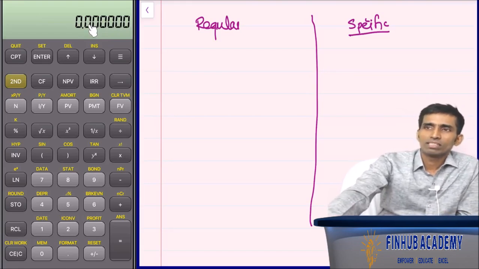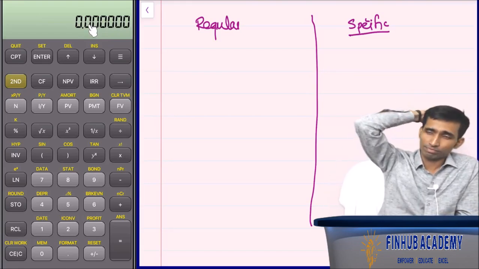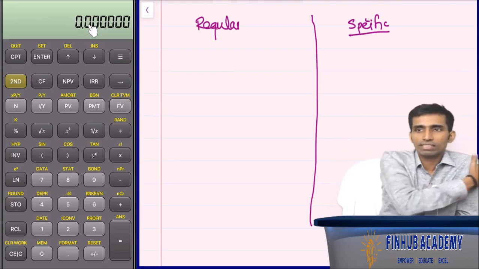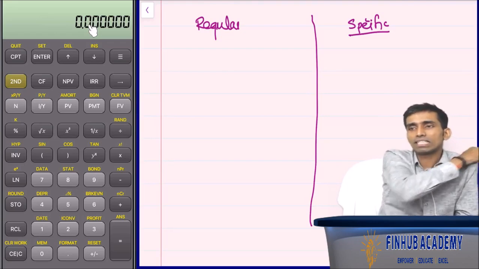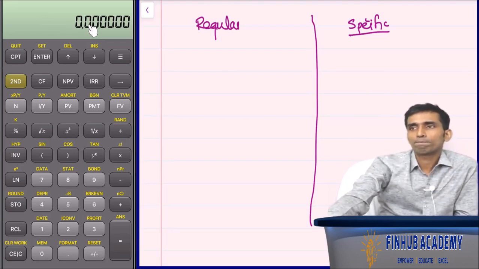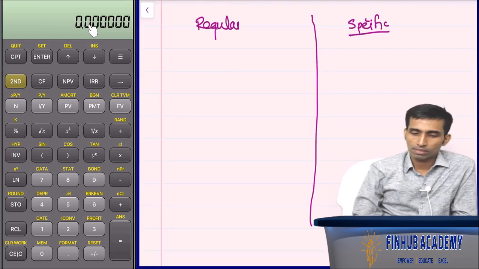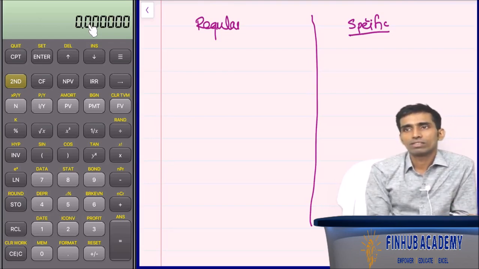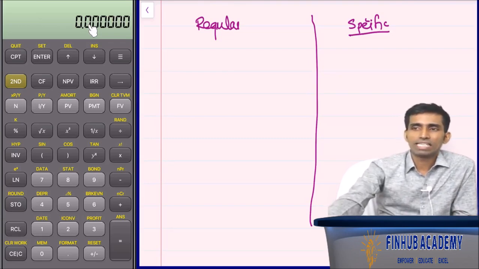Okay, one more thing. Now the second part, there are two things. One is the calci has a specific set of operations. I'll give you one example.